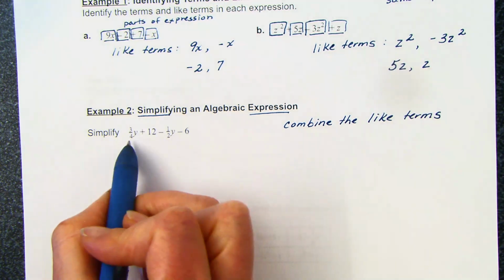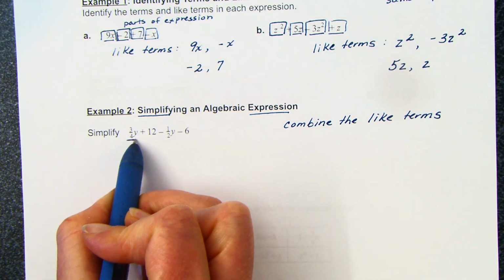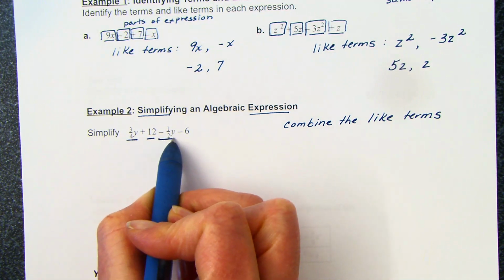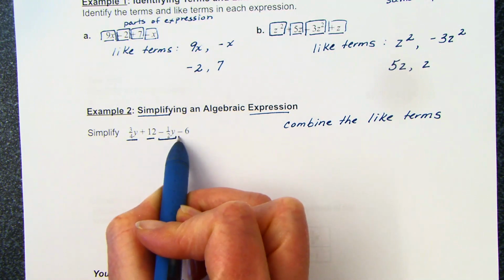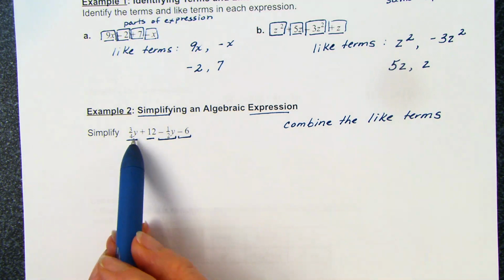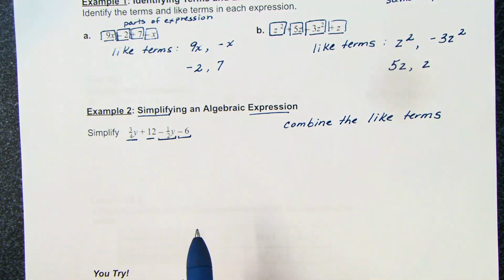So let's look at our terms. We have 3/4 y, and we have 12, and we have negative 1/2 y and negative 6. So the things that are alike are the 3/4 y and the negative 1/2 y.